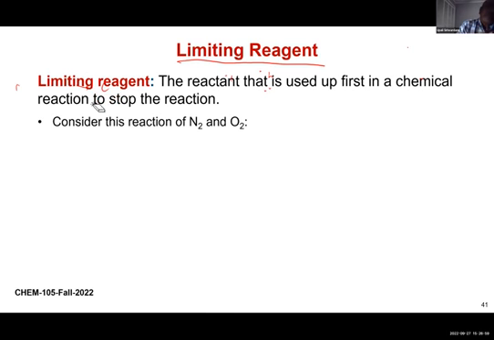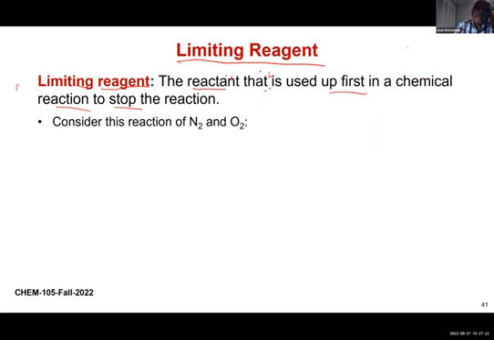Reagent is the reactant. Reagent is also called reactant. It is the reactant that is used up first in a chemical reaction and limits the amount of products you get.